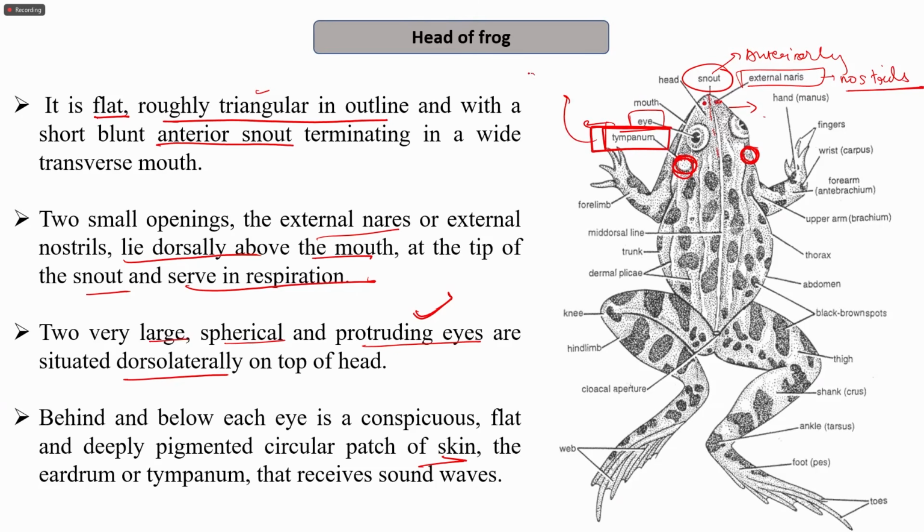This tympanum plays an important role in hearing by receiving the sound waves.